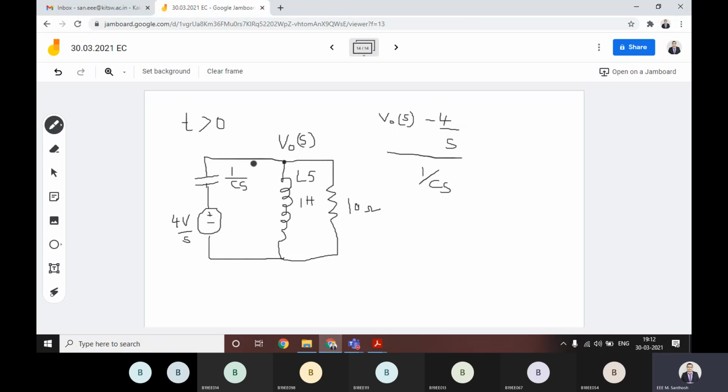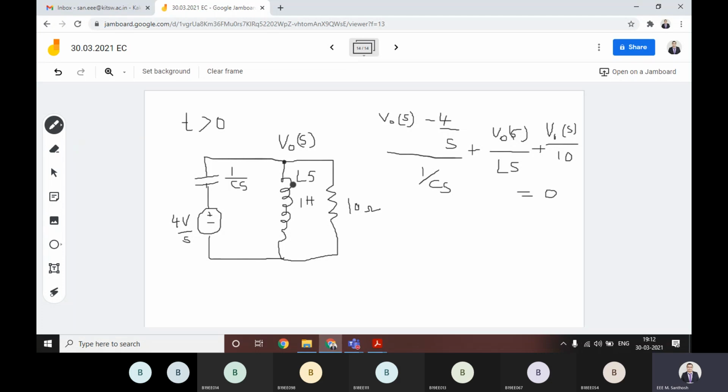That means this one we have written as current, plus V naught of S by Ls, this is one current we have written. Then V naught of S by 10, this is equal to 0.